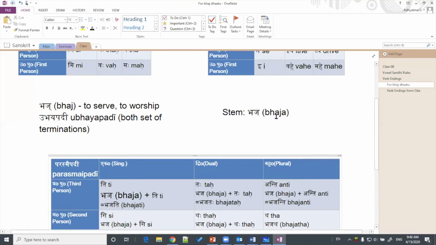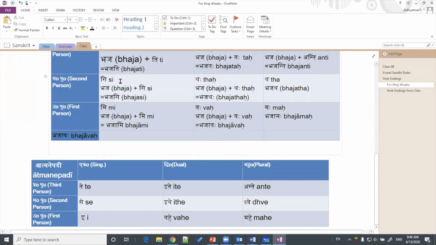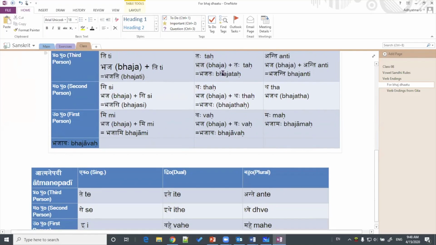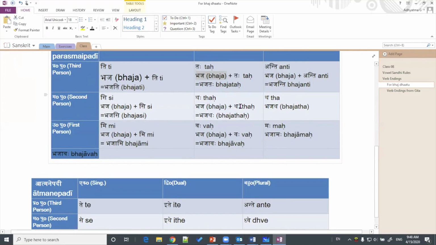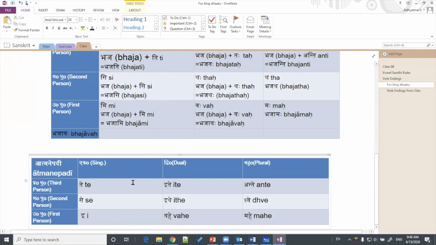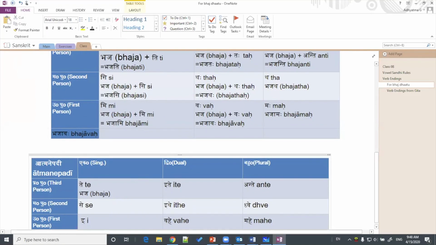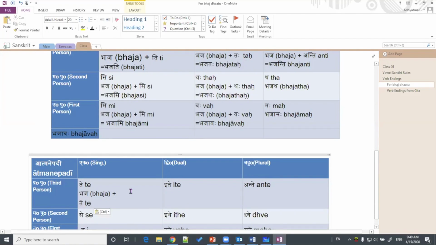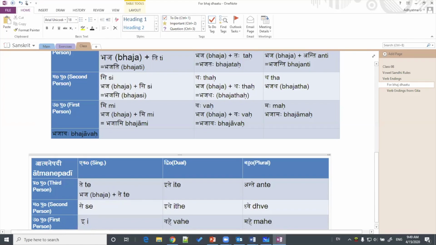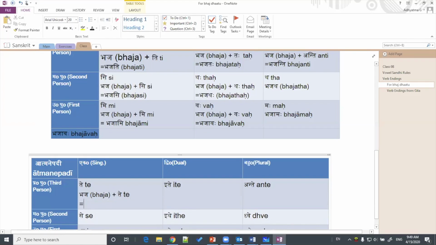There is no change in the rule of stem. So whether it is Atmanepadi or Parasmaipadi, stem remains the same. And we will have the same stem, but we will have different endings. So here, bhaja plus te becomes bhajate.